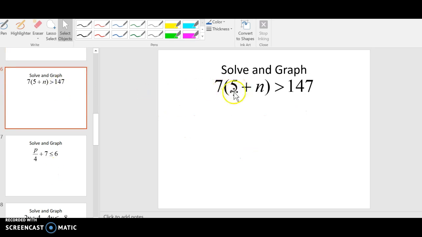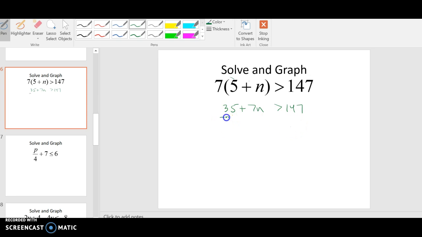So anytime we see a set of parentheses, we must distribute. Now, if you wanted to, you technically could divide by that 7 first, right? So I can either distribute or divide by 7. 7 times 5 is 35, plus 7n is greater than 147.